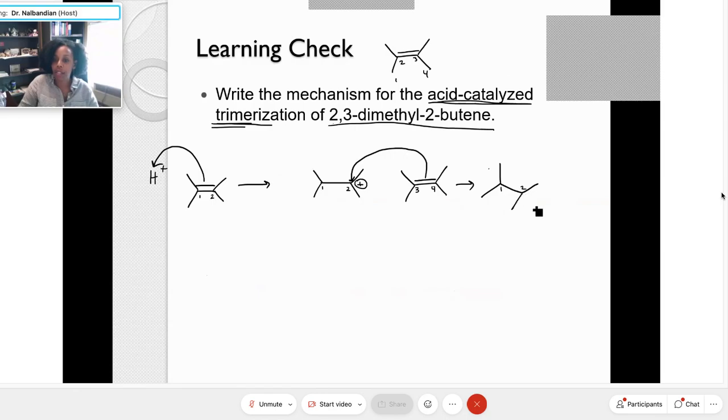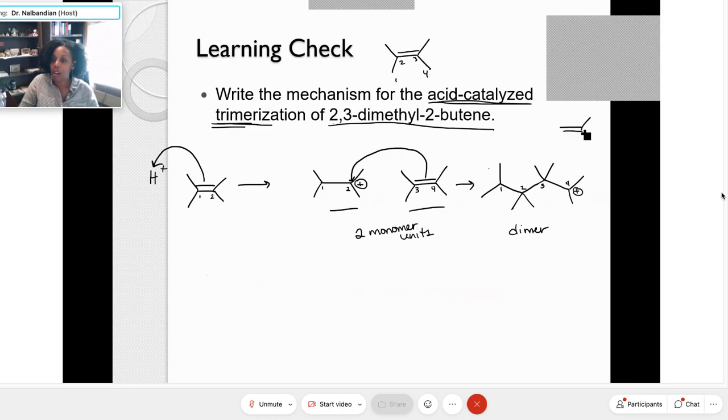Carbon 2 still has 2 methyls attached to it, and now carbon 2 is in a bond to carbon 3, which has a bond to carbon 4. Carbon 3 has 2 methyls attached to it, carbon 4 has 2 methyls attached to it, and now I'm going to give it a positive charge. This is a dimer. We used 2 monomer units, we reacted 2 monomer units together to make a dimer.